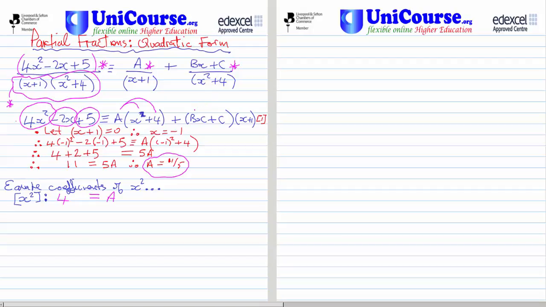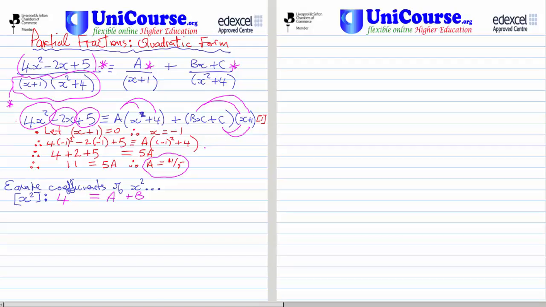Moving over, this times this gives you bx squared. So it's b lots of x squared, so plus b. That times the 1 just gives you bx, nothing to do with x squared. That times that just gives you cx, again nothing to do with x squared, and that times that just gives you c.